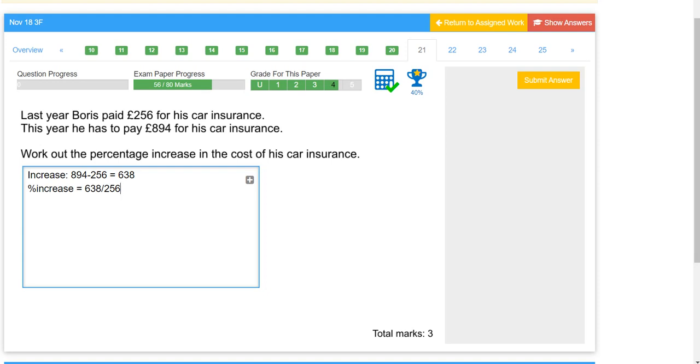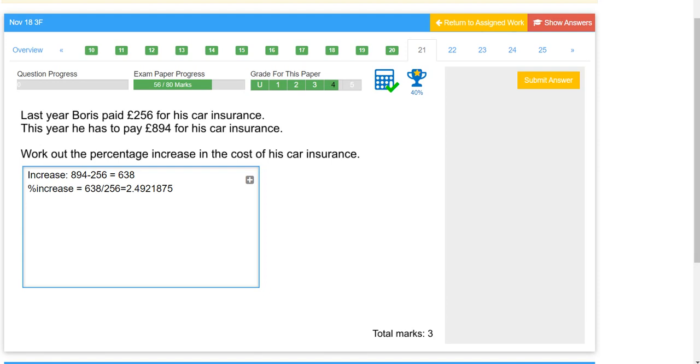638 divided by 256, and that gives me a value of 2.4921875. Now, that's great, but actually it wants it as a percentage. So we know that the whole is 100%.